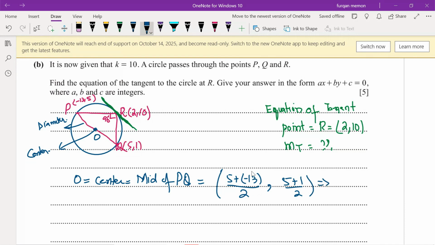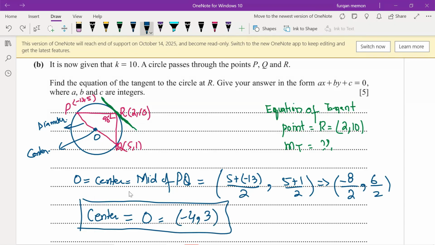This is equal to negative 8 over 2 and 6 over 2. So the center is (-4, 3).